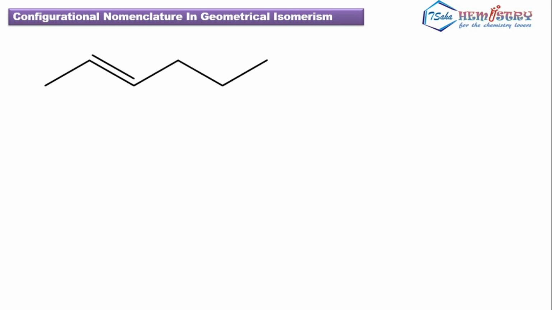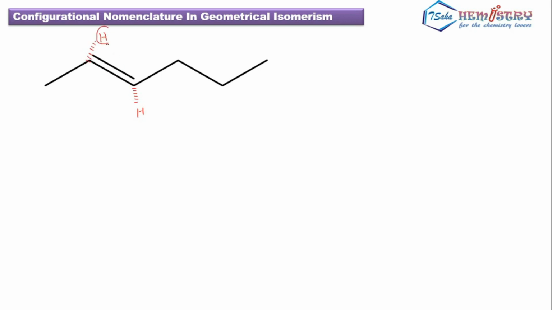Now we have this configuration. We have to decide whether it should be E or Z. Looking at this molecule very carefully, this is a very simple example. Here there is a hydrogen and here also a hydrogen.